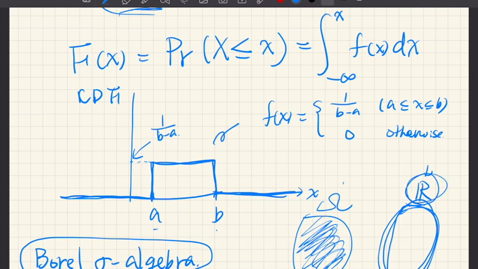Subsets in this case are intervals between a and b, maybe half open, half closed, both open, and maybe one side is infinity. So this Borel sigma-algebra contains all such intervals.